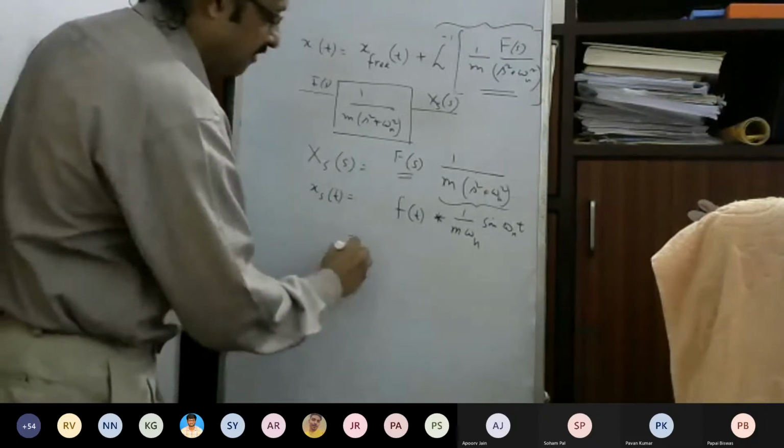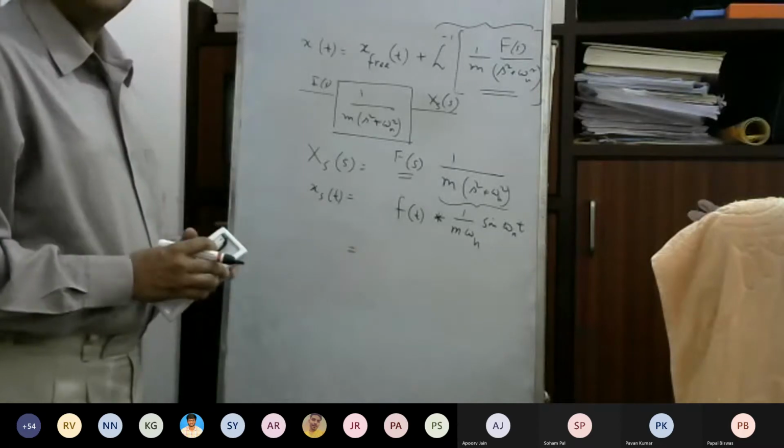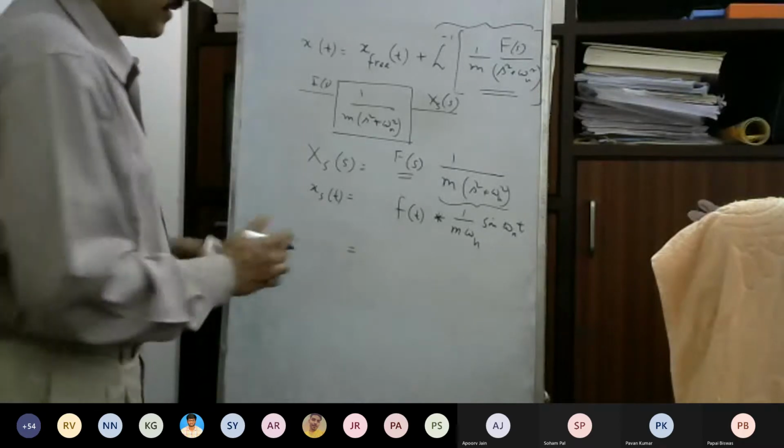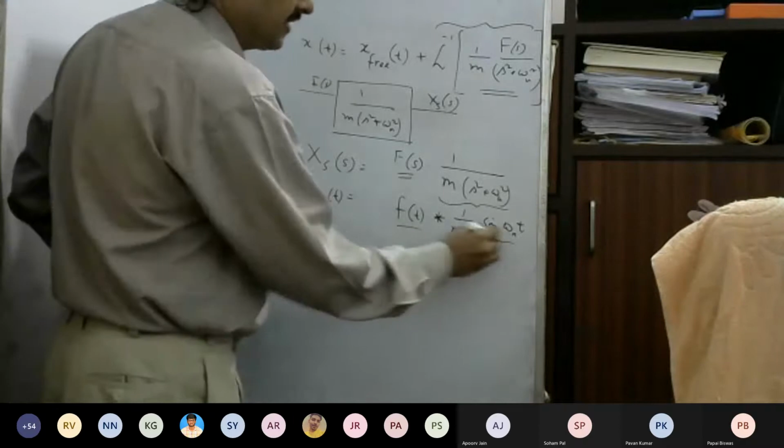And how do you write down the convolution integral of two functions?